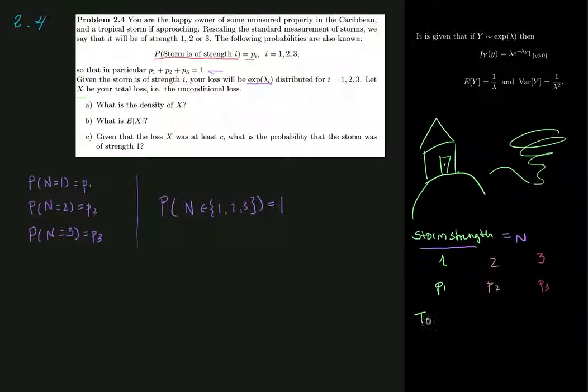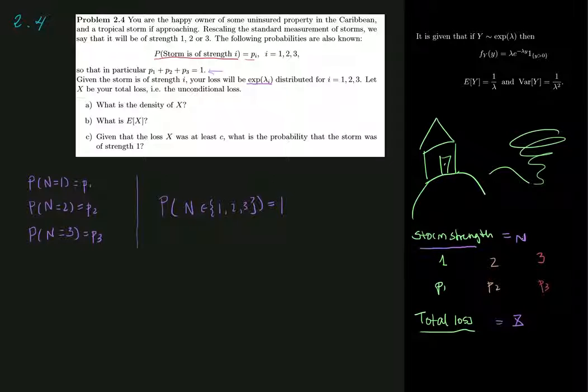So total loss is symbolized by the letter X. And it's a random variable, so we don't know exactly what the total loss will be, but depending on what the storm strength is, the distribution of X will be different.